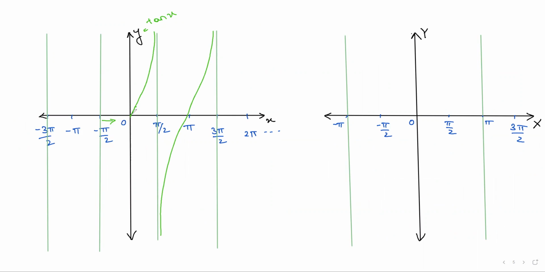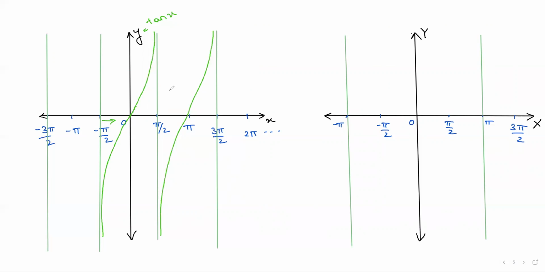So definitely the curve will look something like this. You're progressing to 0 while all the values are negative as you move from minus pi by 2 to 0. So your tan values will always be infinity at points of pi by 2, 3 pi by 2, minus pi by 2, and minus 3 pi by 2, etc., or (2n plus 1) into pi by 2. Hence, x cannot have these values.